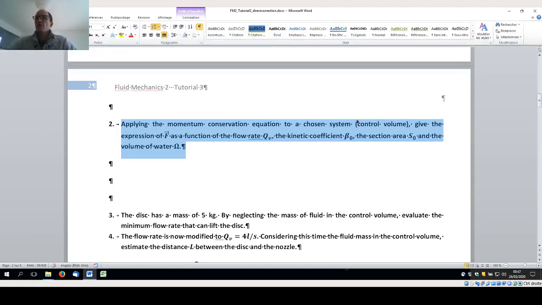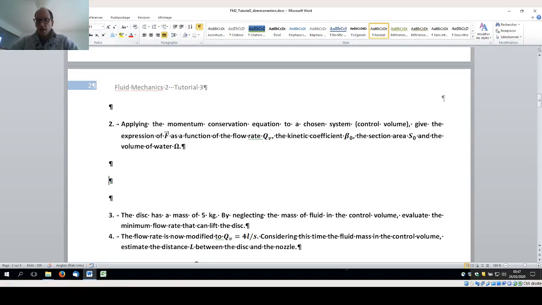I let you think about it a few minutes, and maybe you can ask me any questions you want in the meantime. What I can maybe advise is that you write down the hypotheses.